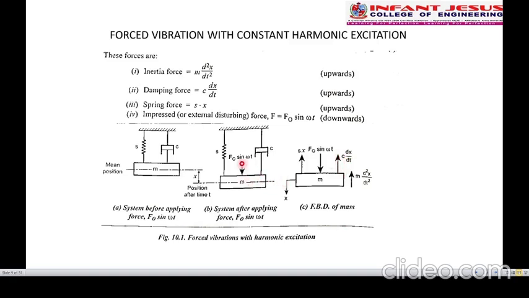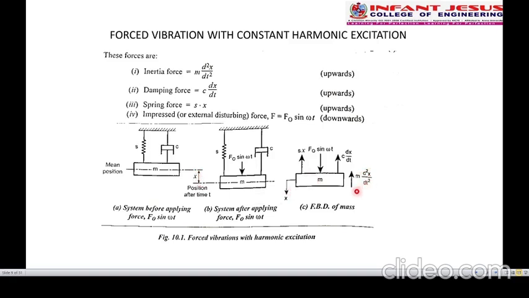Since the mass moves downwards, there is an inertia force acting in the direction opposite to the direction of the movement. Movement is downwards, so the inertia force acts upwards. What is the inertia force? Mass into acceleration. So mass m, and due to this displacement, the acceleration is written as d square x by dt square.